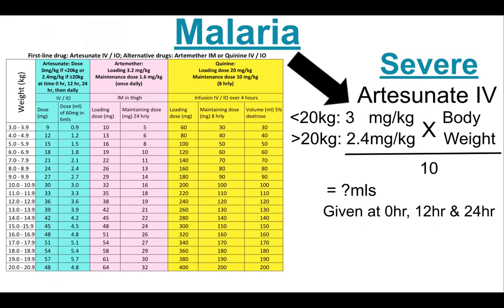If the body weight is more than 20 kilogram, it is 2.4 milligram per kilogram. So the concentration times body weight and then divided by 10 is the amount of mLs we need to give at 0, 12, and 24 hours.